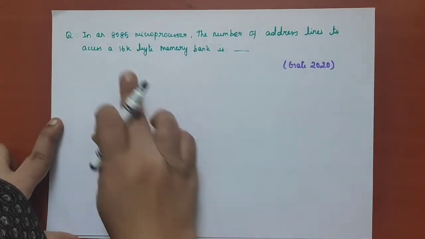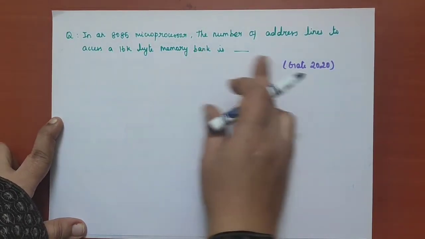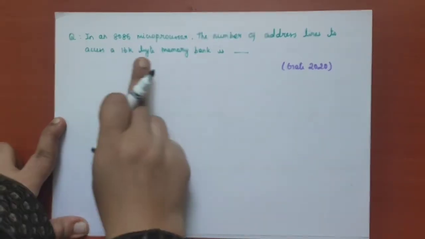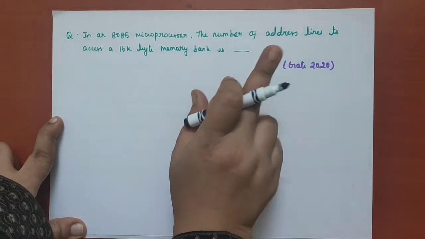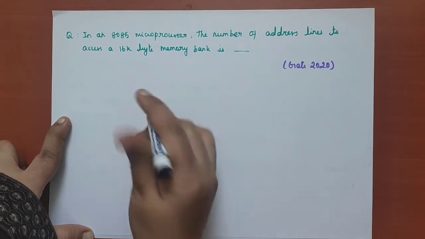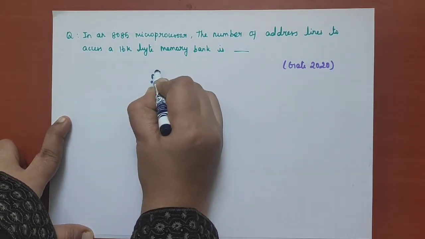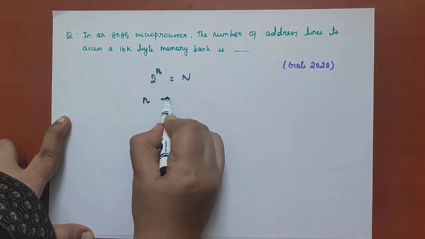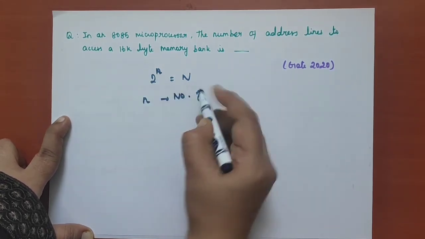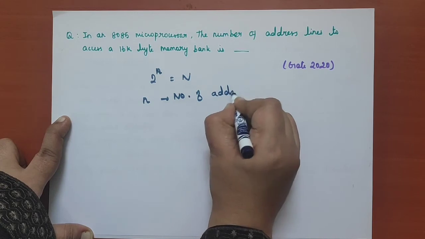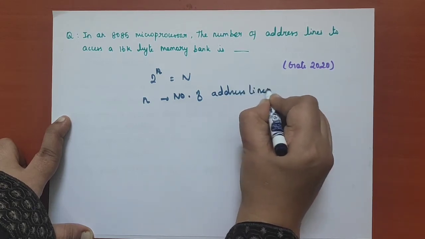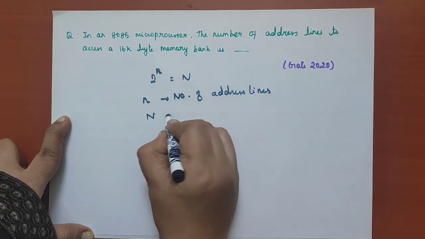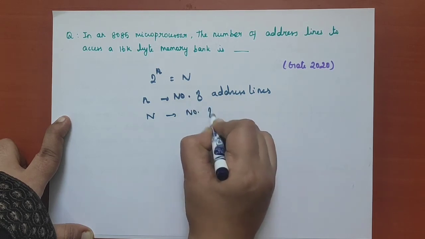Next question is, in an 8085 microprocessor, the number of address lines to access a 16K byte memory bank is dash. We have a formula 2 power n equal to N. Here the small n represents the number of address lines and the capital N represents the number of memory locations.